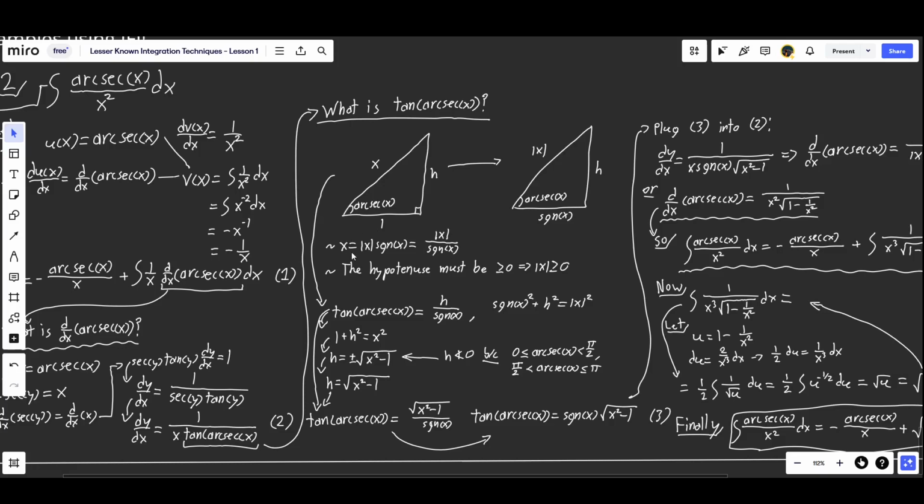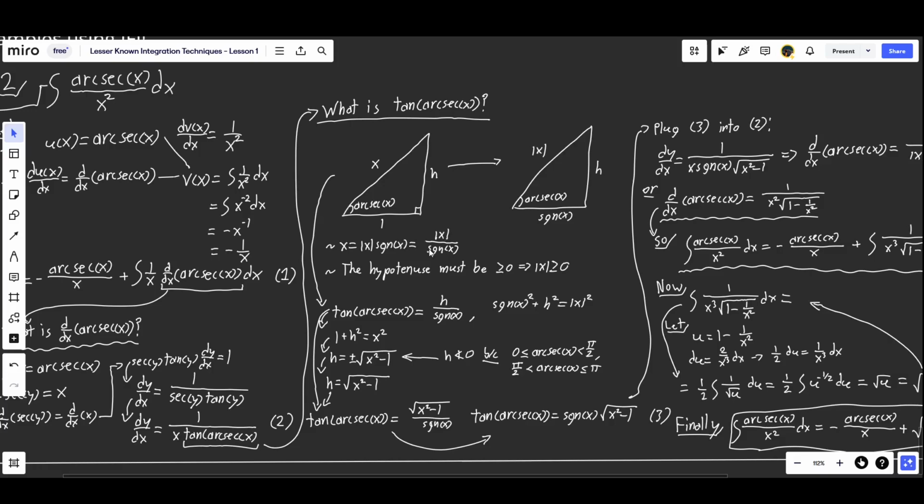And the way we can do this is by recognizing that x is equal to the absolute value of x times the sign of x, where sign is a function that outputs 1 if x is positive, -1 if x is negative, and 0 if x is 0. And we can rewrite this as a ratio between the absolute value of x and the sign of x if we recognize that sign of x is equal to 1 over sign of x when x is not equal to 0.